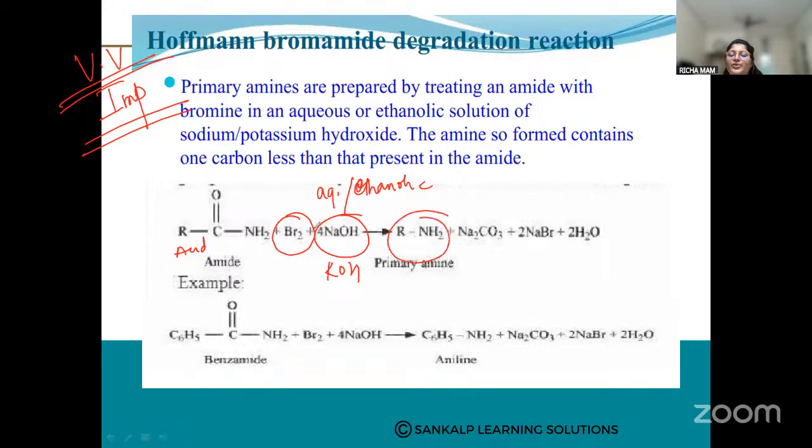So the acid amide is treated with bromine in aqueous or ethanoic KOH or NaOH, and it gives you primary amines.